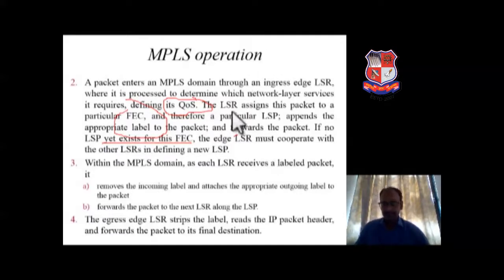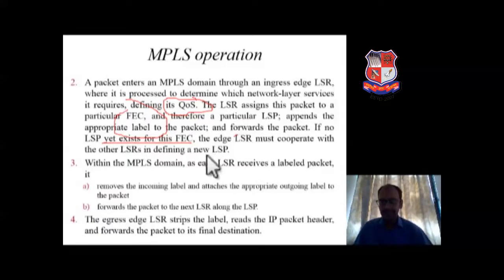So we have three phases. The packet arrives at the ingress edge LSR, then it is inside the MPLS domain, and in the third phase it arrives at the egress edge LSR. So let's look at the second phase when it is inside.